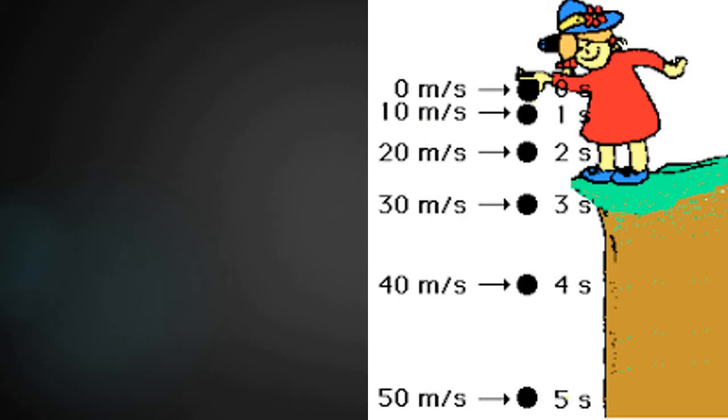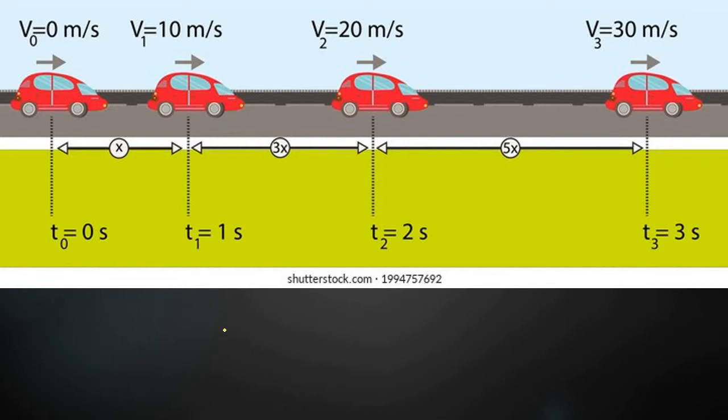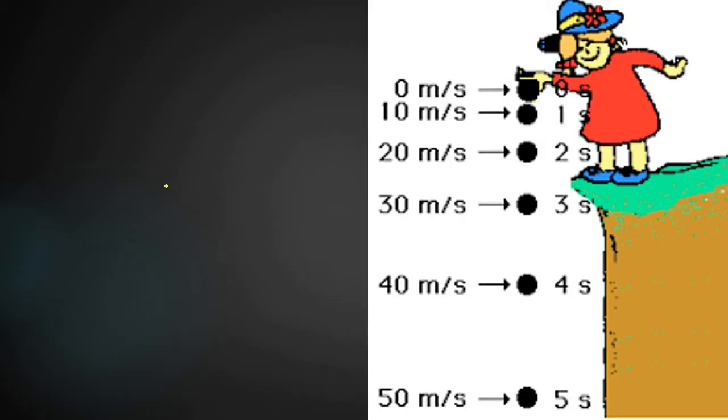So after 5 seconds, its velocity becomes 50 meters per second. For our first example, this is horizontal motion. And for this one, this is vertical. Specifically, tinatawag natin na free fall.